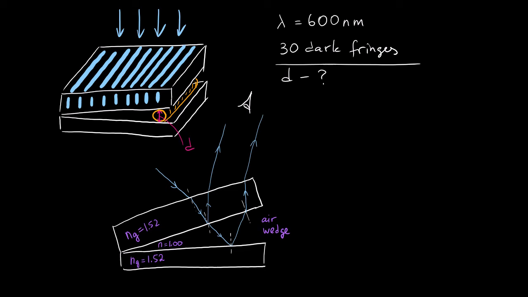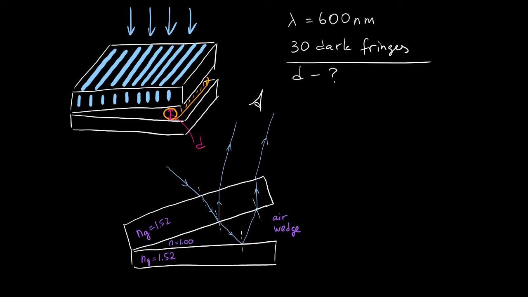To analyze these two, I drew this diagram where the incident ray goes to the glass surface and then to the air wedge and produces two reflected rays, 1 and 2, that will interfere and create this interference pattern.